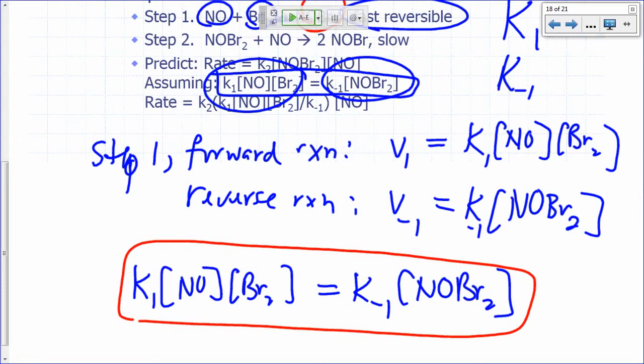Let's look at this. Well, if I did this, you'll notice that I can solve for NOBr2 in terms of NO and Br2, which are easily measured. Okay? Using this equation, I can get an expression for the concentration of my intermediate in terms of the concentration of my reactants NO and Br2. How do I solve for the concentration of NOBr2 here?